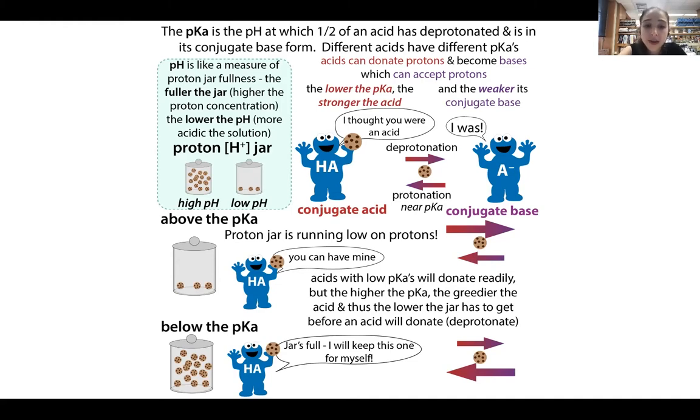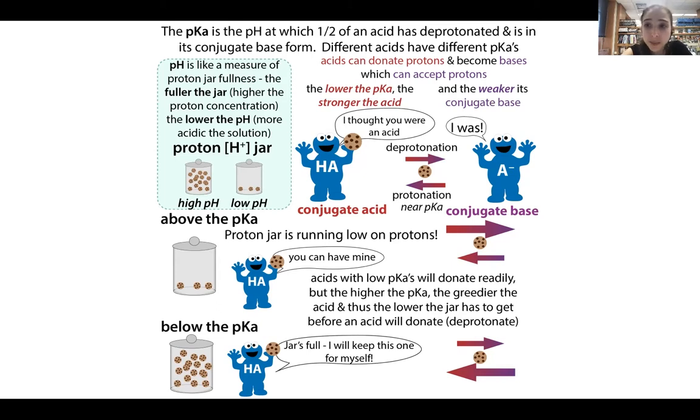So the stronger the acid, the lower the pKa, and the weaker the conjugate base. The weaker the acid, the higher the pKa, and the stronger its conjugate base. And you can take this to the extreme where you have a really high pKa.